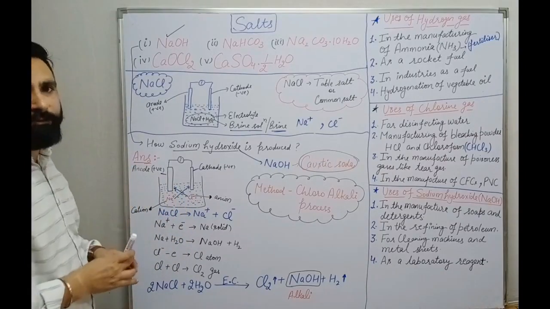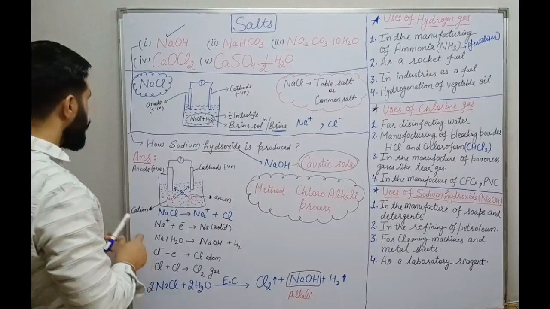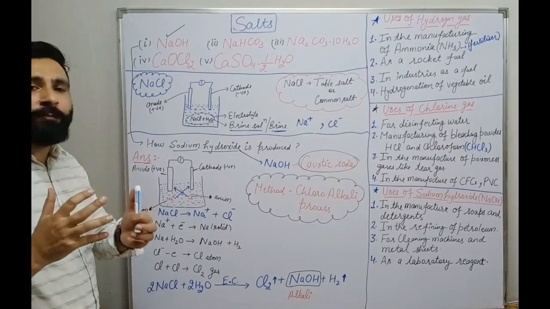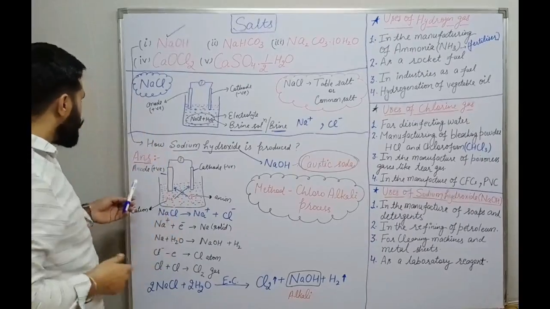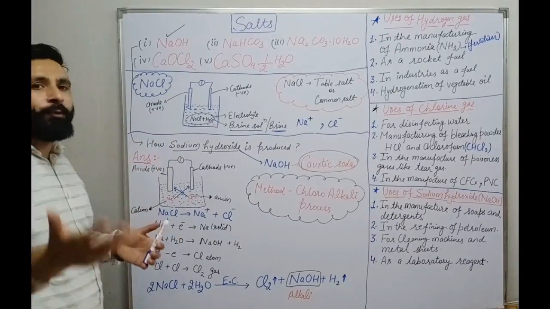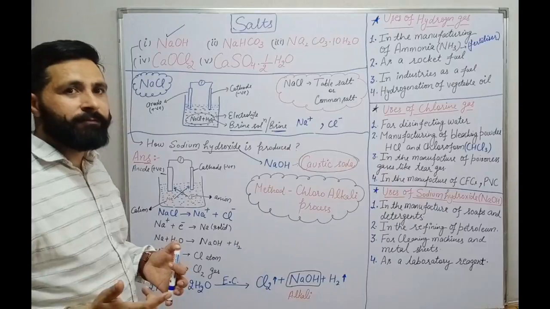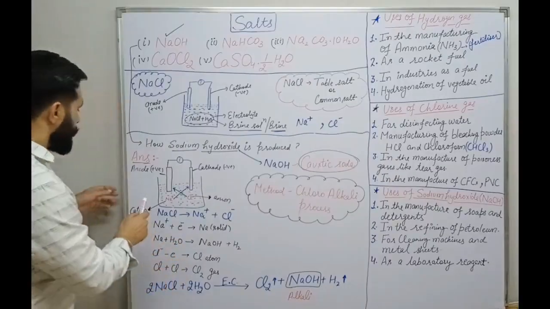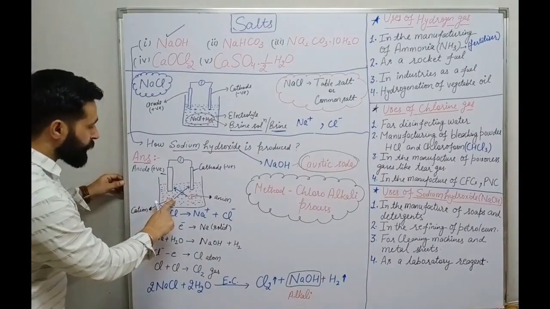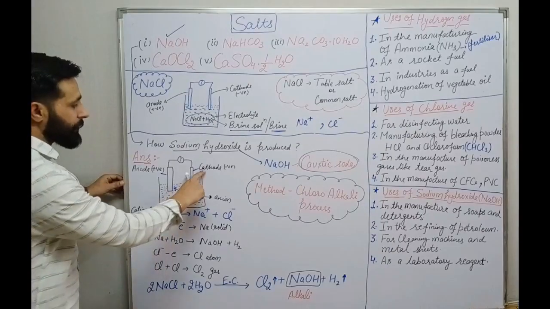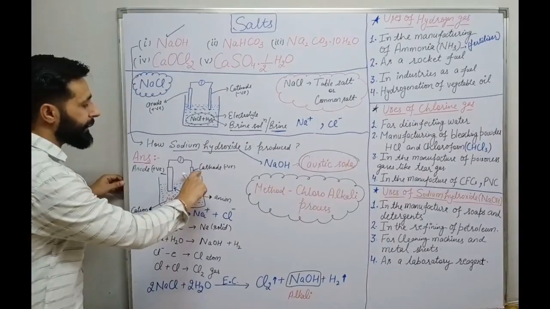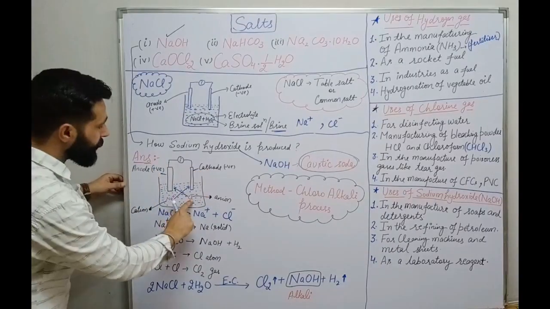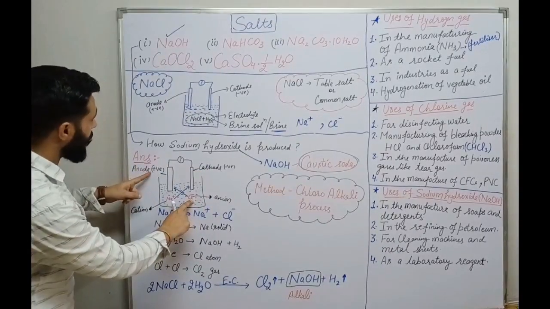So beta, you always have confusion whether anion is positive or cation is positive, because what is in our mind is that anode is positive, so anions are positive, which is not correct. These are positive ions. Where are they going? Cathode. So positive ions are going to the cathode, so these are cations. Negative ions are moving towards the anode.